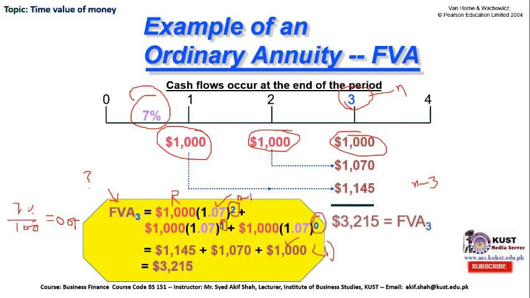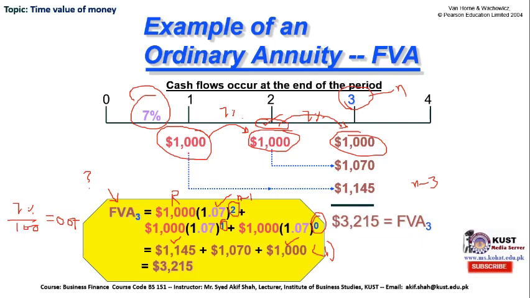With the help of any scientific calculator, you can find the value for the first cash flow, which gets compounded 2 times, because this first $1,000 of investment will remain in the bank account, and it will get the compounding impact of 7% and reach year 2. A certain amount will be over here, and it will once again be left in the bank account, which will get 7% compounding impact again, and it will reach the third destination, which is the maturity time period.